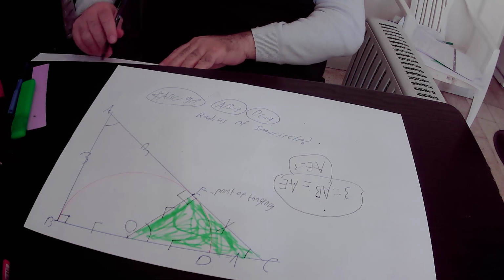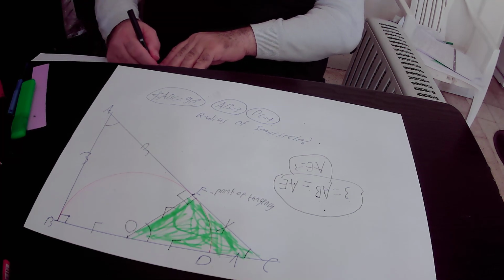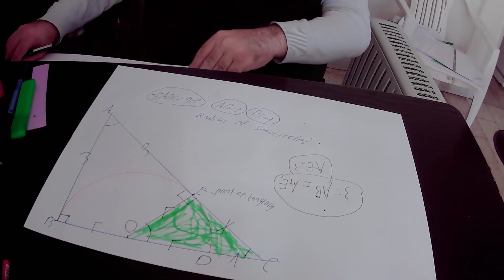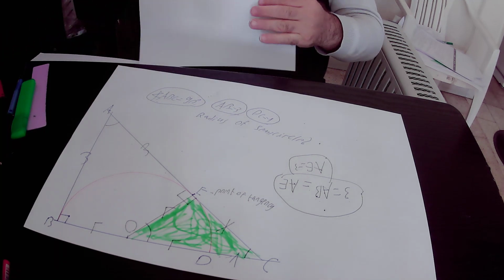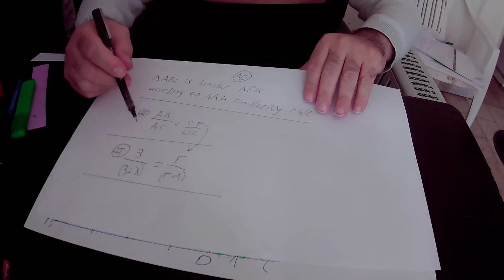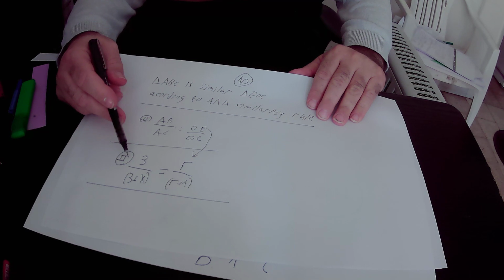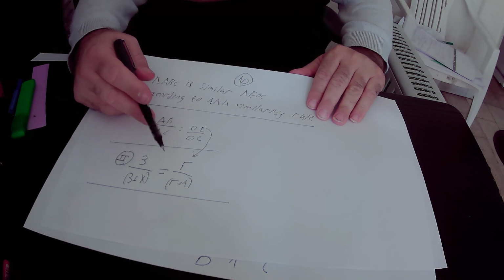So in total we got that 3 over 3 plus x equals R over R plus 1.